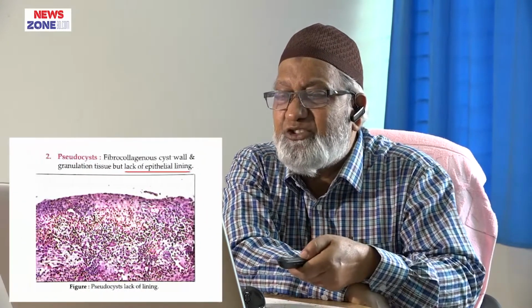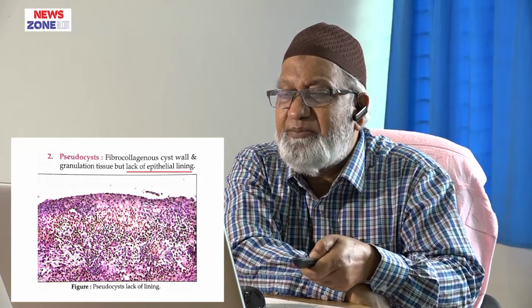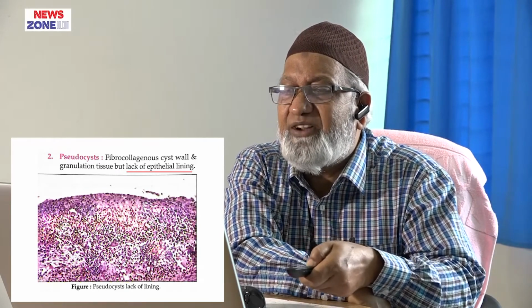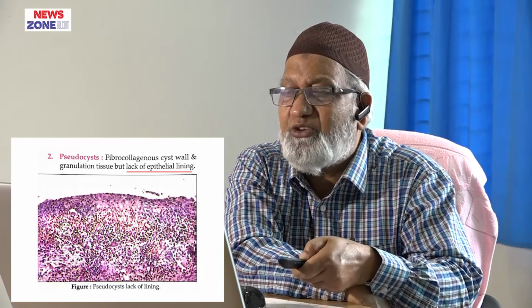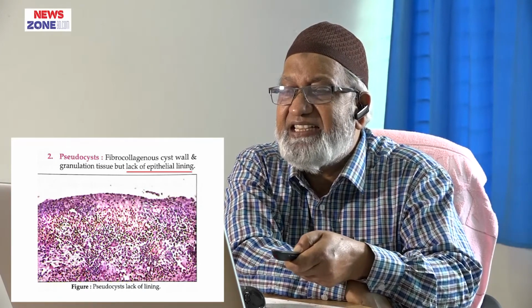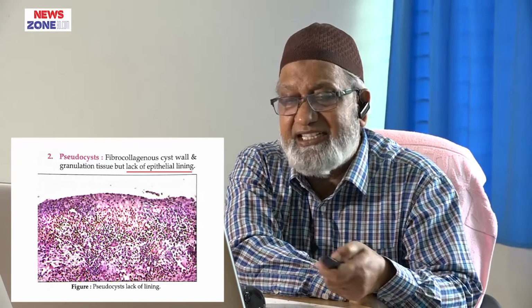In case of a pseudocyst, there is a lack of epithelial lining, but there are plenty of acute and chronic inflammatory cells, a fibrocollagenous wall containing inflammatory cells, but lack of lining. In that case, we call it a pseudocyst, and it is very common in the pancreas.